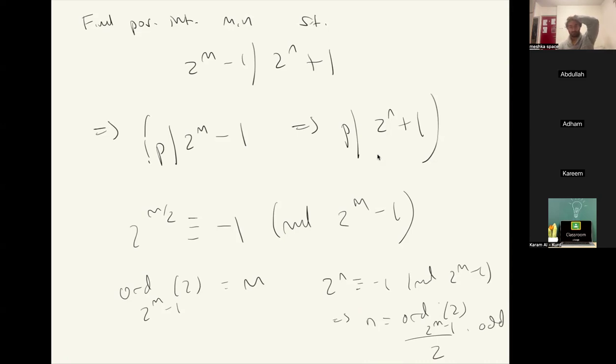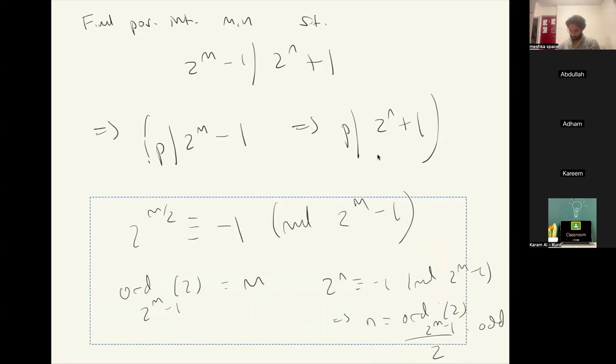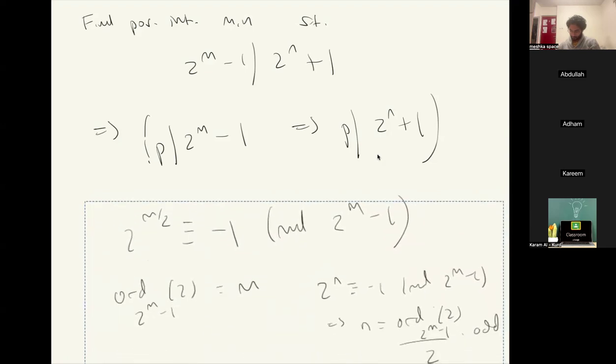Yeah, so it's a good point because 2 to the m minus 1 may not be prime, right? So I think the argument has to go like this.